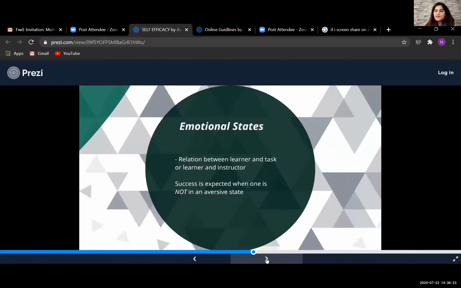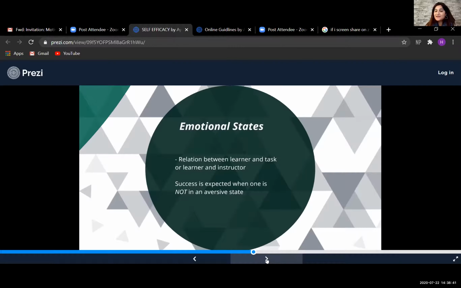There's stress and anxiety, fear of loss of control and all of that. So how can we manage that? The relationship between learner and task or learner and instructor is very important.